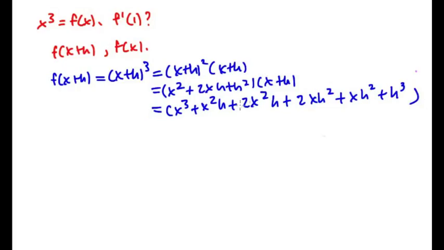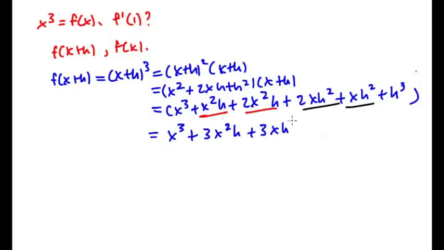Okay, let's see if we can combine any terms here. X squared h and 2x squared h are like terms, and those are like terms. So this is going to be x cubed plus 3x squared h plus 3xh squared plus h cubed. So that's x plus h cubed, or f of x plus h.